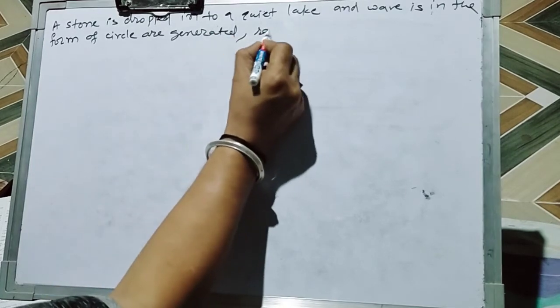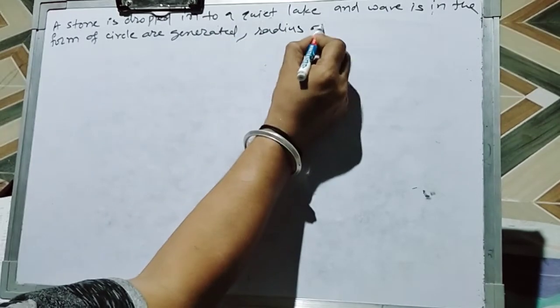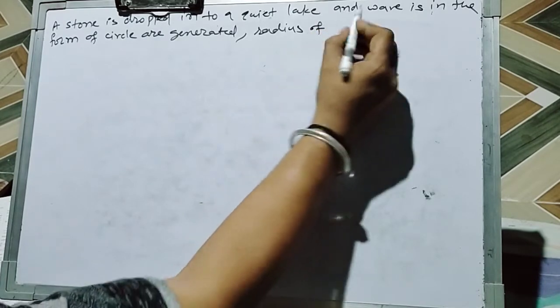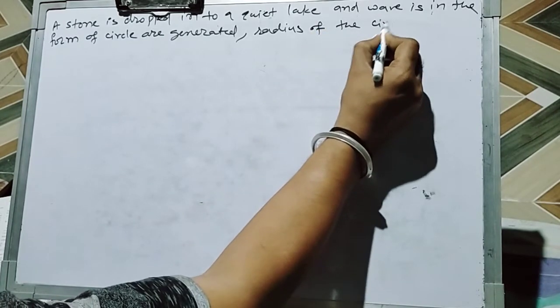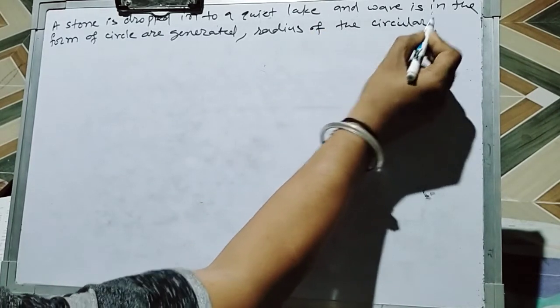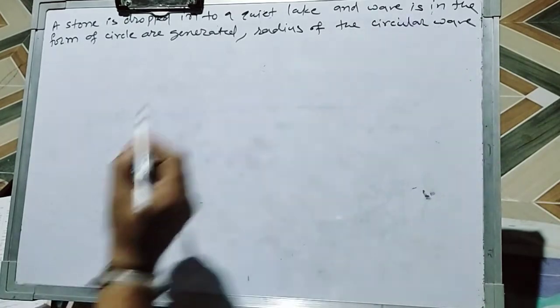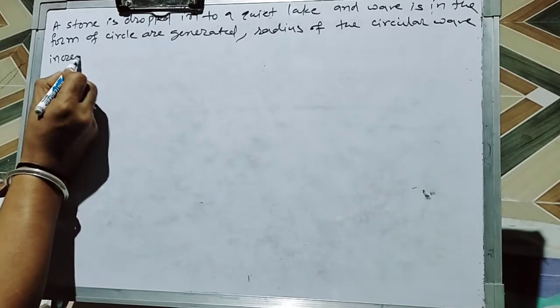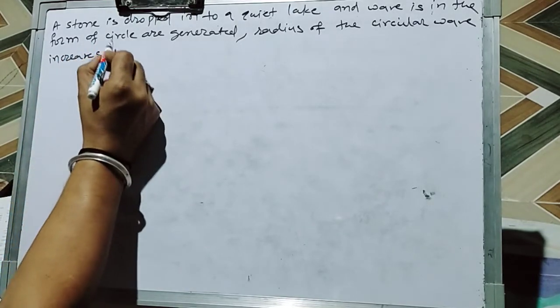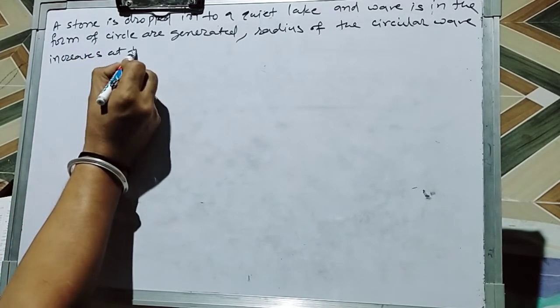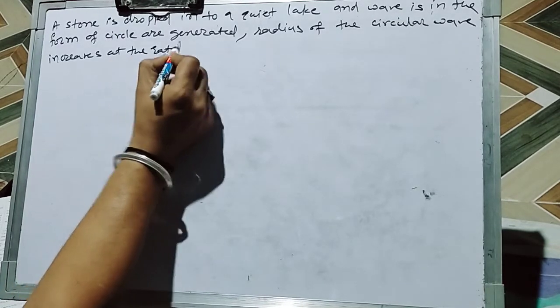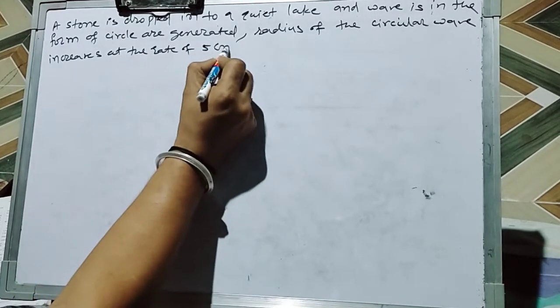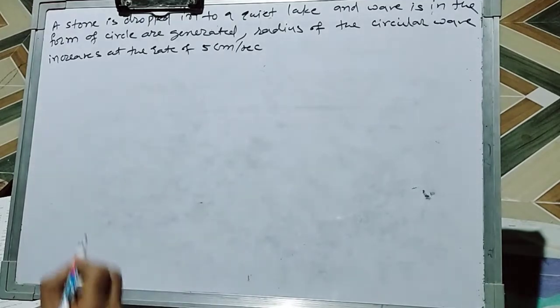The radius of the circular wave increases at the rate of 5 centimeter per second.